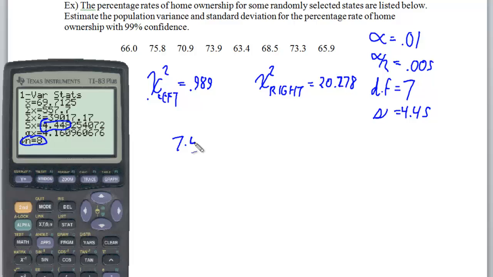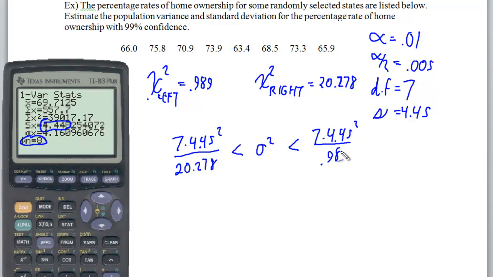And now we get to apply our formula. 7 times 4.45 squared divided by 20.278, which is less than the standard deviation squared, and then 7 times 4.45 squared again, divided by 0.989.